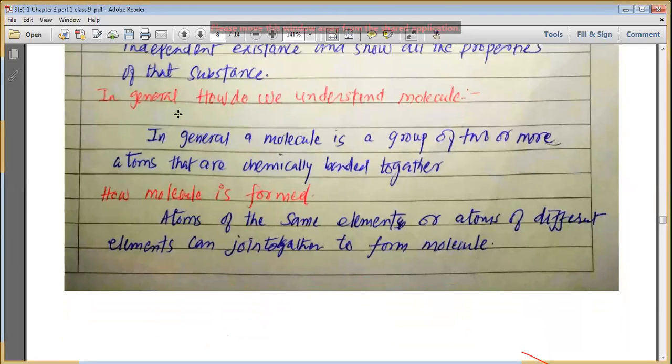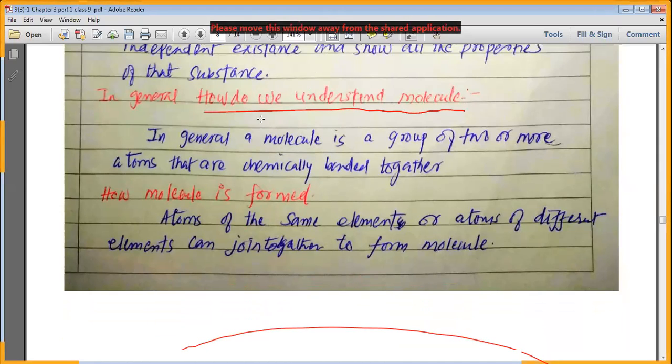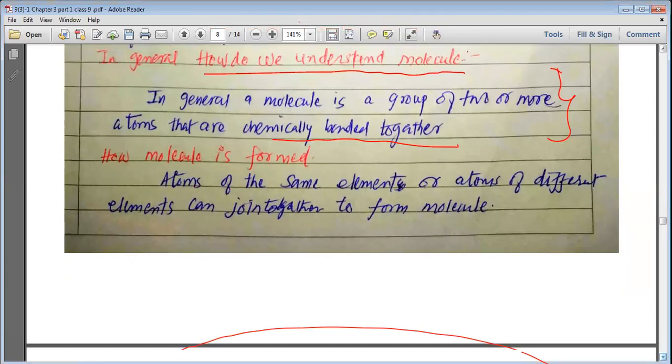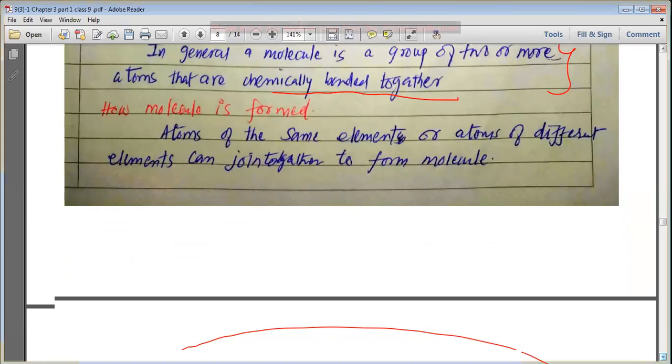Now, my dear students, in general, how do we understand molecules? In general, a molecule is a group of two or more atoms that are chemically bonded together. But in this definition, we do not talk about the important points.